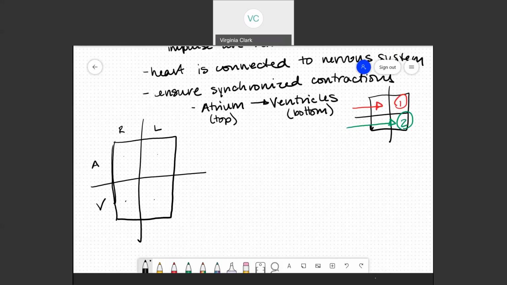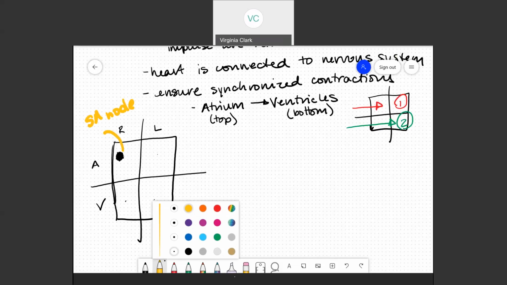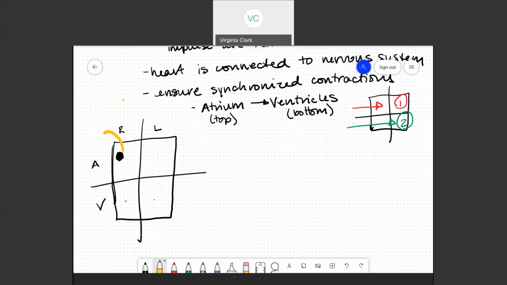Right here in the right atrium, you have a pocket of cells, and this pocket of cells is called your SA node.